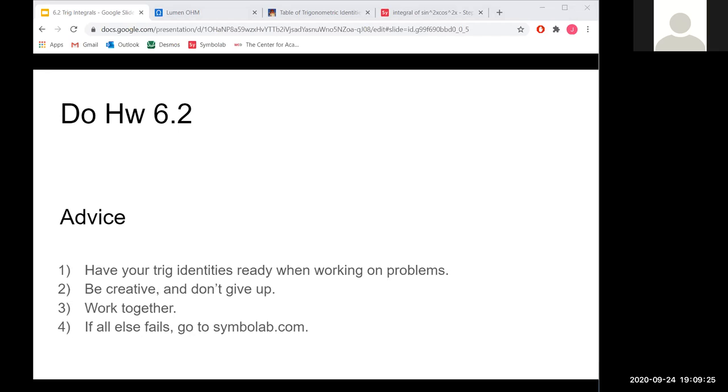What is the exact test date? Because we said there were some changes. Yeah, so September 29th, which is a Tuesday, runs on a Monday schedule, so we're not meeting on that day. Then October 1st, we'll review for the exam. And then October 6th, we'll take the exam. Oh, all right, got it. Thank you.